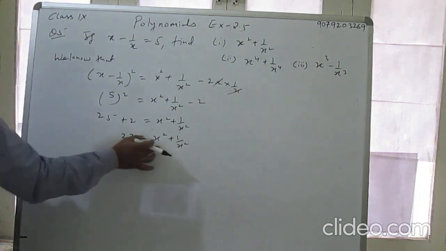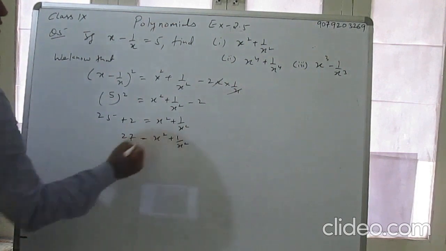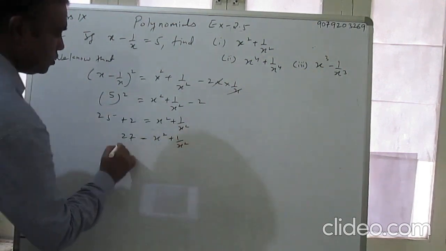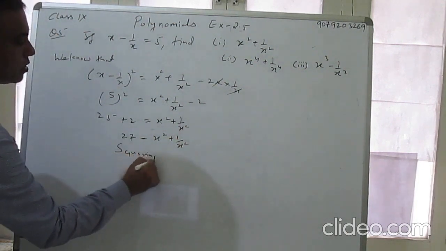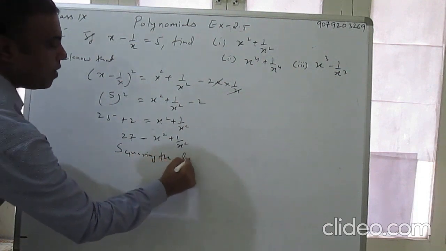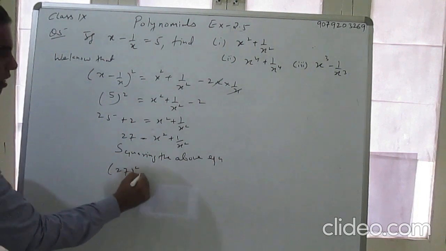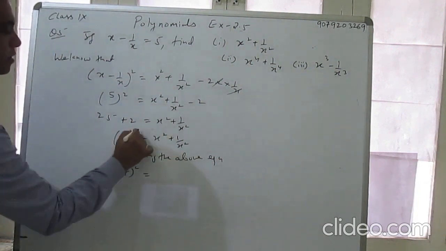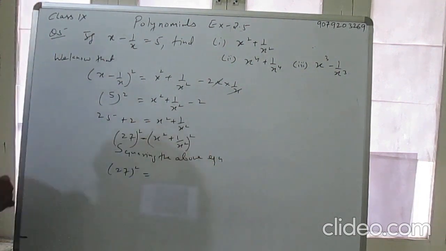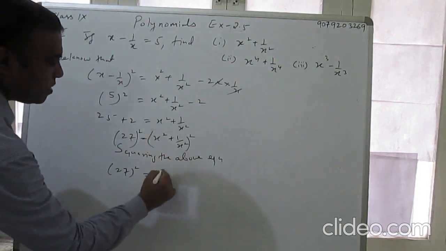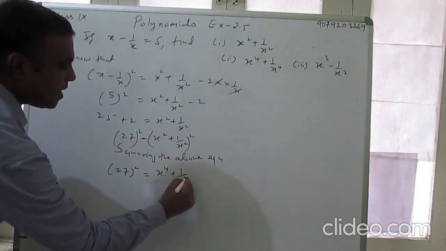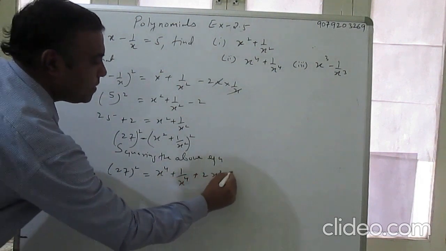Now again we square these. Squaring the above equation, the square of 27. What identity will apply? a square means x4 plus 1 upon x4 plus 2ab.